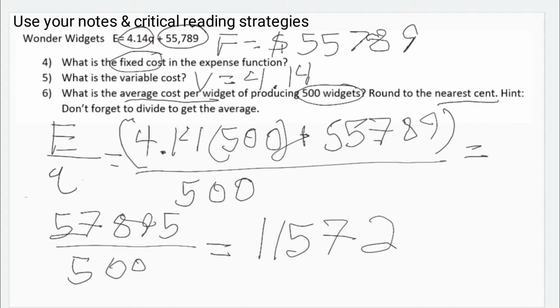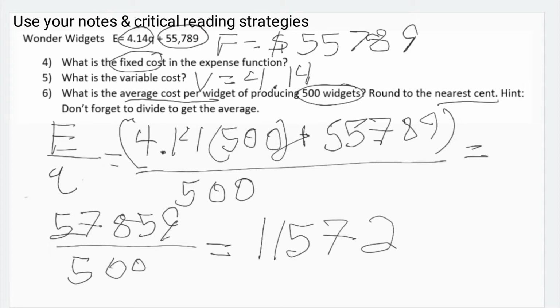And I'm just going to double check that. You always want to double check your answers. So everybody, the way to do that is you can go ahead and substitute it back in and make sure that it makes sense. I'm just double checking my work.